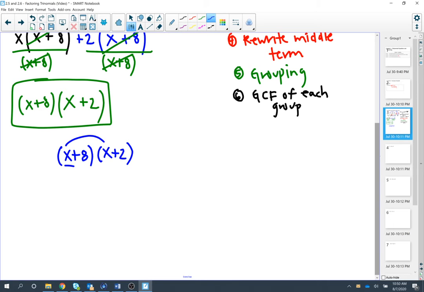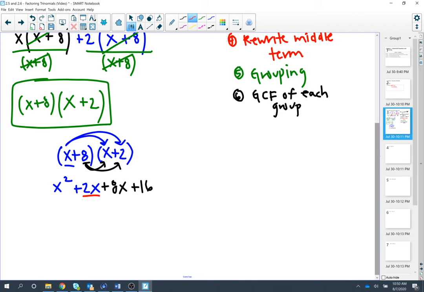Take the x, distribute it. X times x is x squared. Take the x, distribute it. X times 2 is 2x. Take the 8, distribute it. 8 times x is 8x. 8 times 2 is 16.